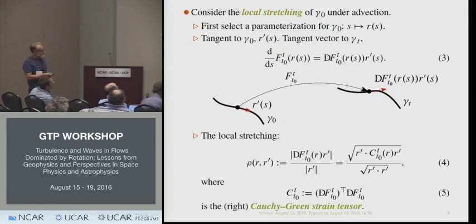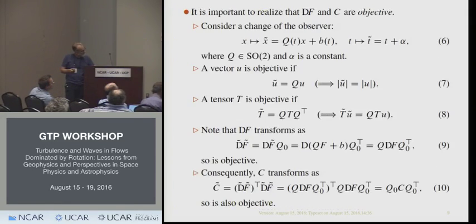This is objective in the sense that it's independent of the frame adopted by the observer to describe this, because both df and f are objective through a change of frame characterized by this expression here, but this is a time-dependent rotation. The idea is that these two tensors map objective vectors into objective vectors.